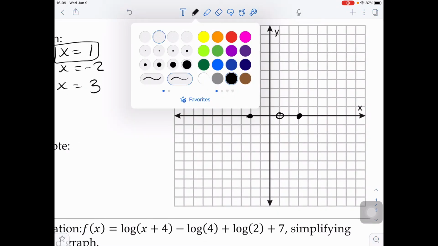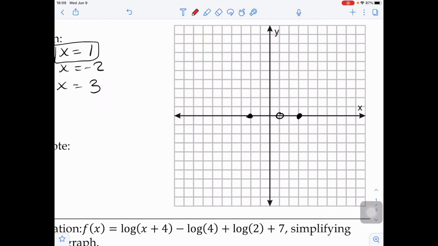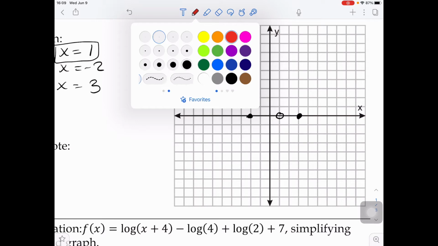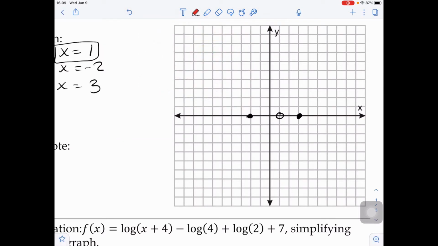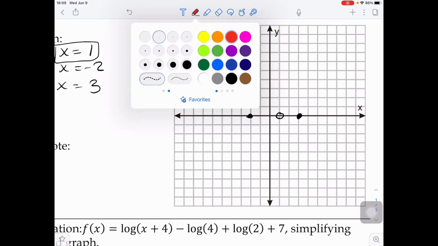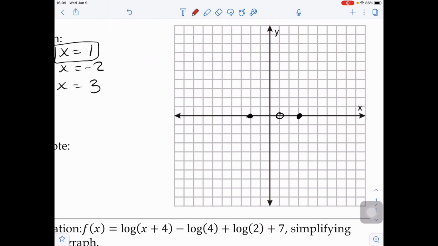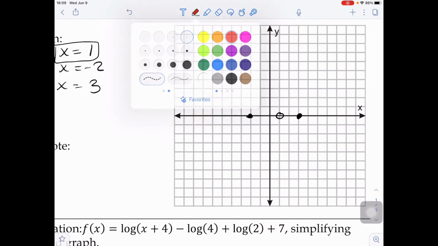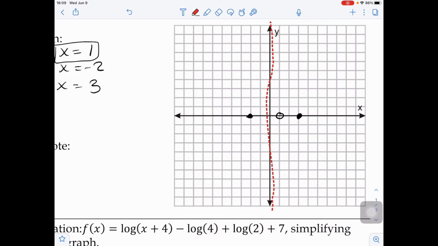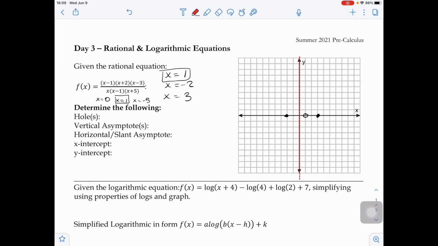So let's just use a red and make these asymptotes, the vertical ones. So we know that one of the asymptotes is at x equals 0.